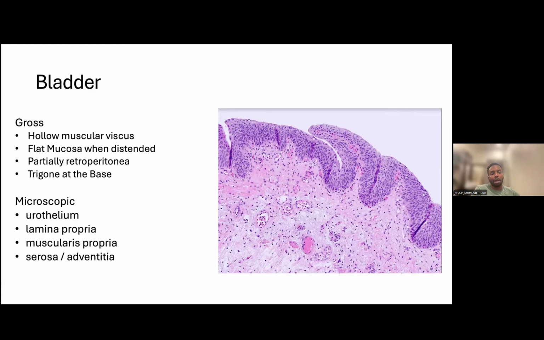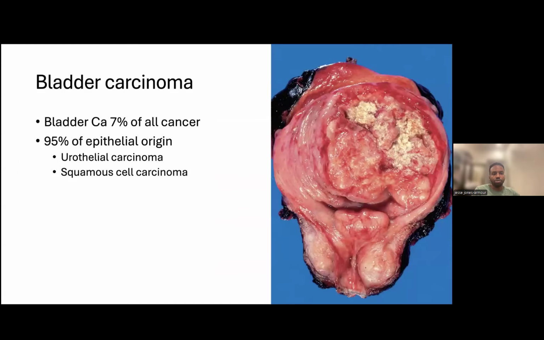Then you have your lamina propria, and your muscularis propria, or detrusor muscle, which has three main layers as well: longitudinal inner and outer, and a circular layer in the middle. This is usually more prominent in the trigone, and more disorganized as you go throughout the rest of the bladder. And then you have your serosa and adventitia as well.